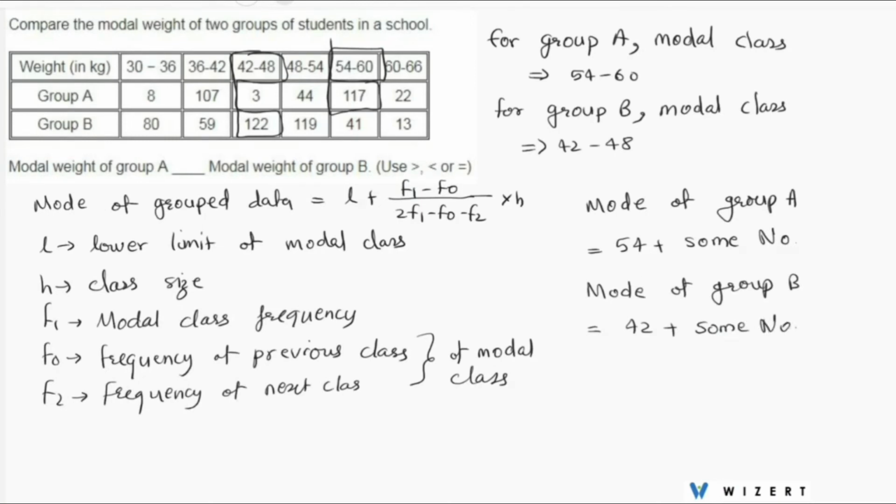So by looking at the numbers, we can conclude that the modal weight of group A is greater than the modal weight of group B.